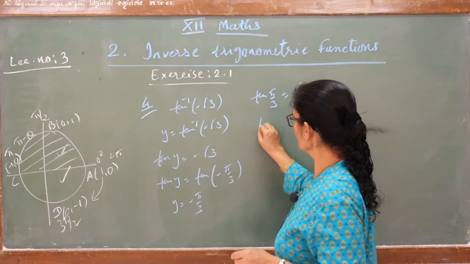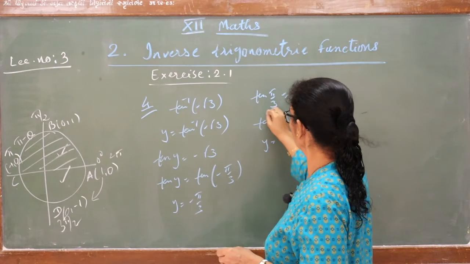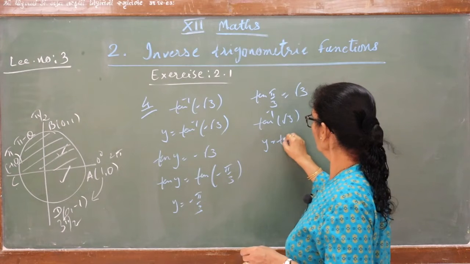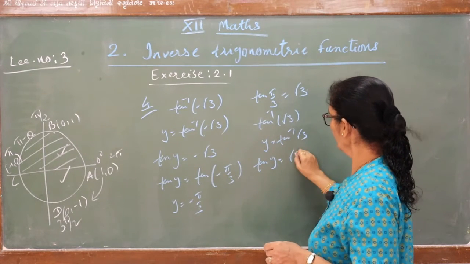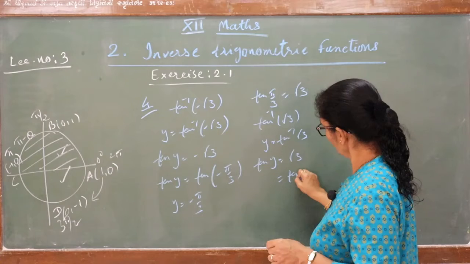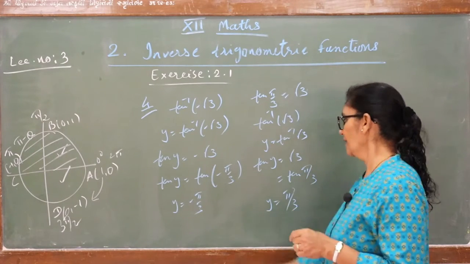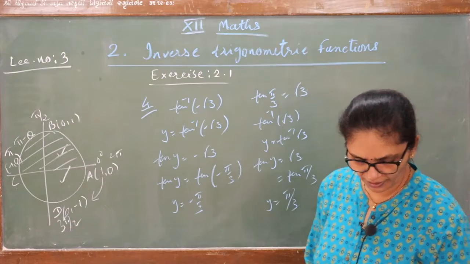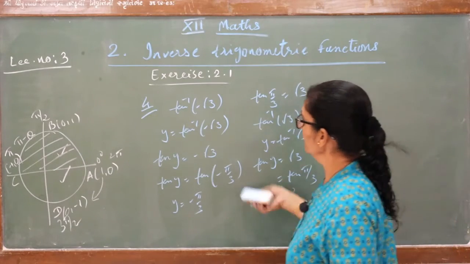Now the same question, suppose it is given with tan inverse root 3, then we can write y equal to tan inverse root 3, tan y equal to root 3. So we can write in place of it pi by 3, and principal value will be pi by 3 only. So remember, whenever the sign differs, your answer will differ.